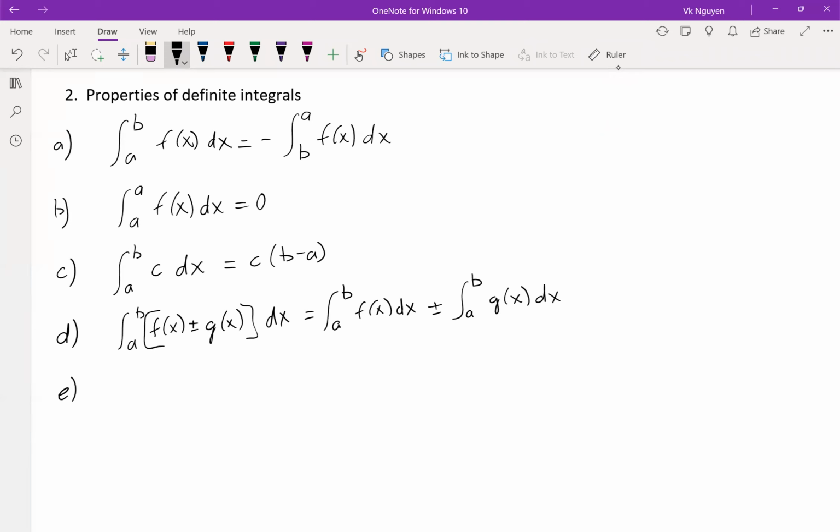E, the integral from a to b of c f(x). We can move the constant outside. c times the integral from a to b of f(x) dx.